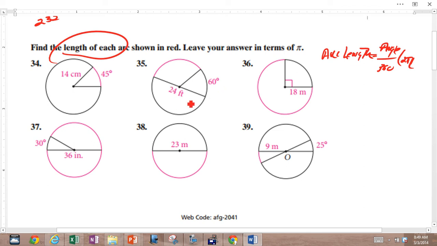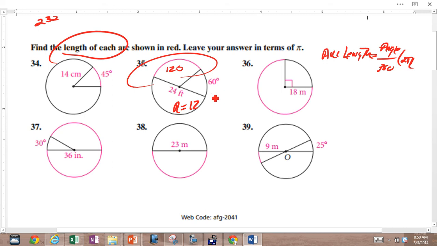Let's take a look at this. We're asked to find the arc length of what's shown in red there, which we should determine is a 120 degree arc. Of course the radius is 12. So we go to our formula.